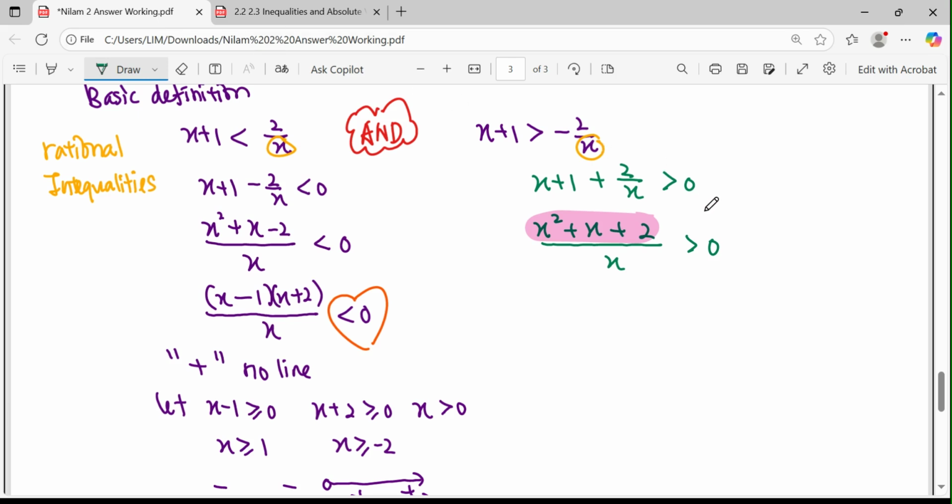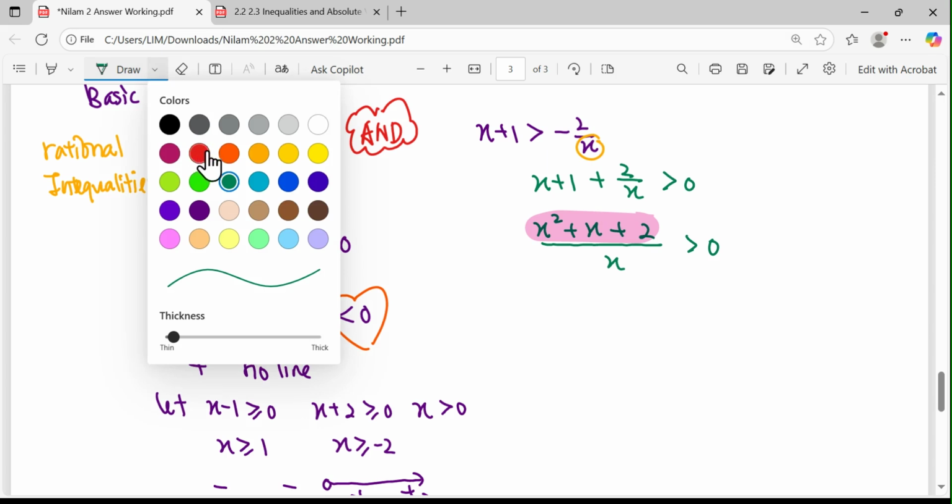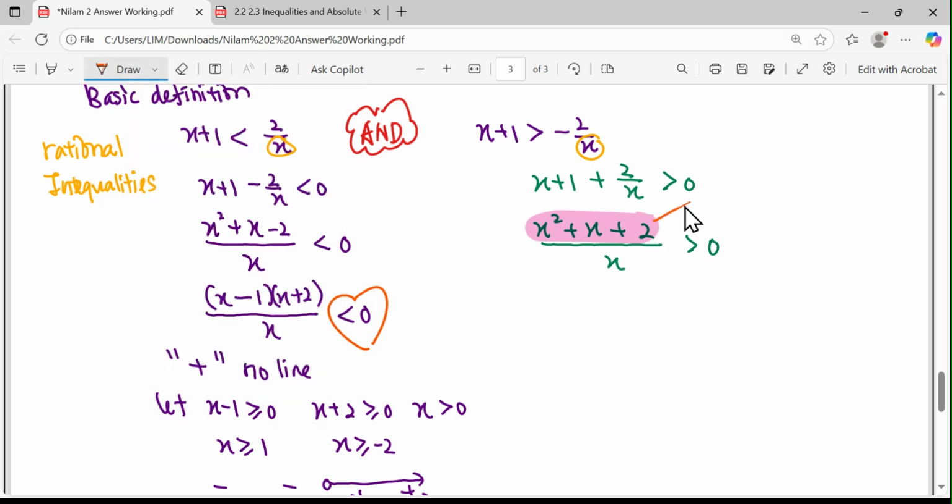So when you have a quadratic without roots, just imagine a quadratic without roots, what does it mean? It will be above the x-axis.